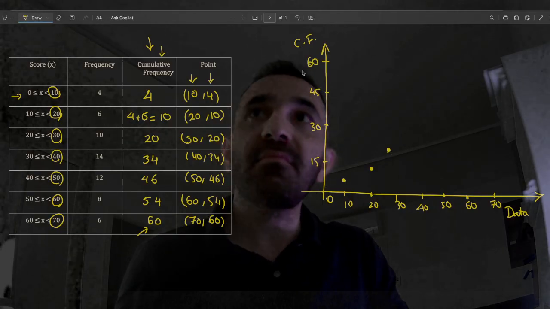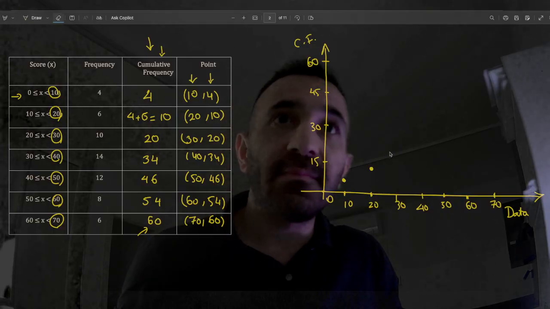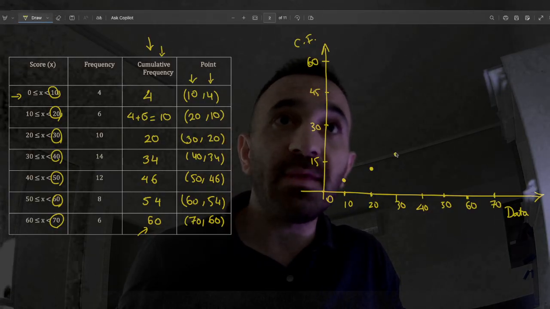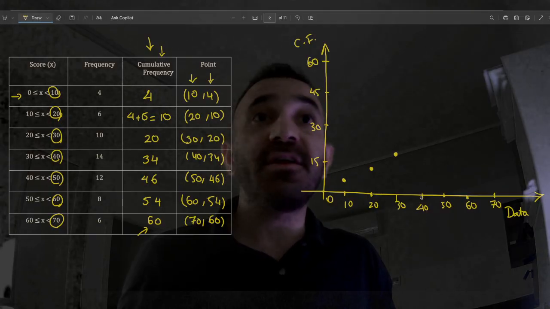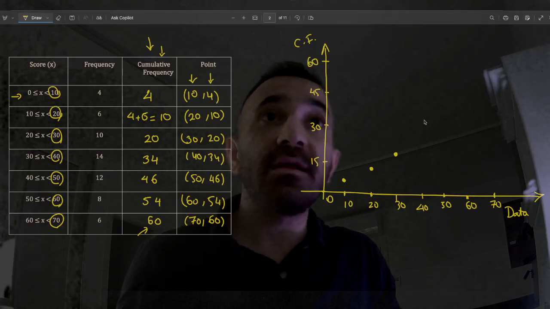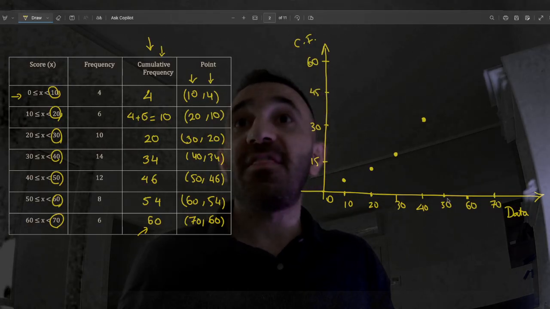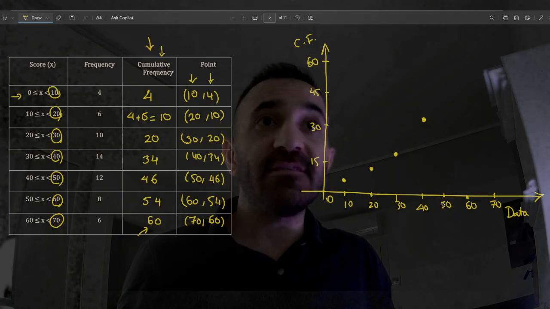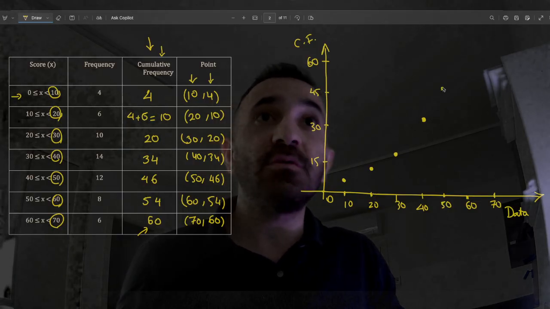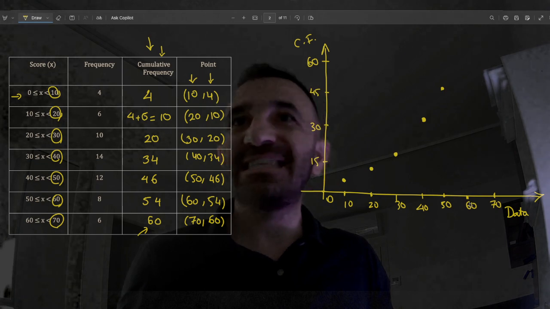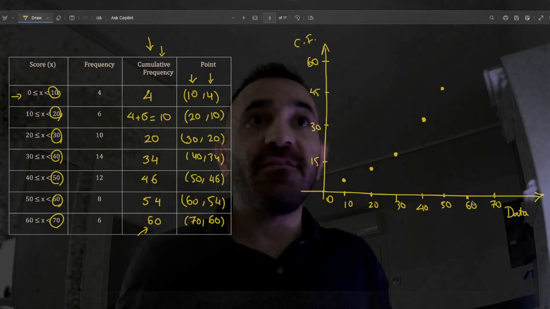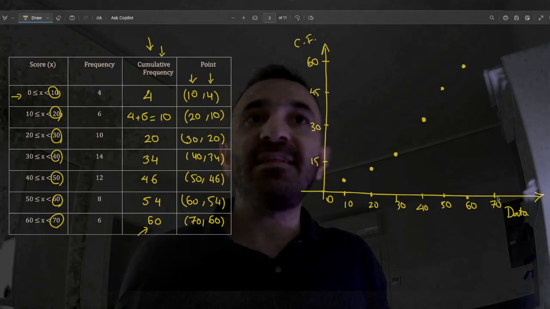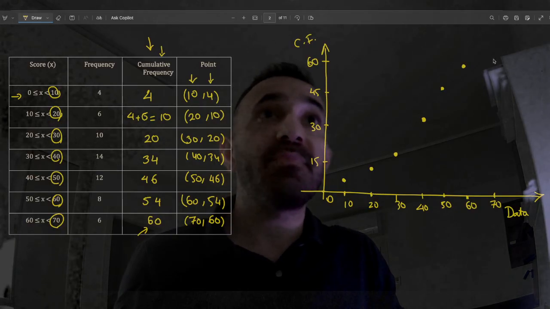Okay, let me be a little more precise. 30 and 20 might be here, for example. 40 and 34, it might be here. 50 and 46, which is going to be more or less here. 60 and 54, maybe here. And 70 and 60 here.